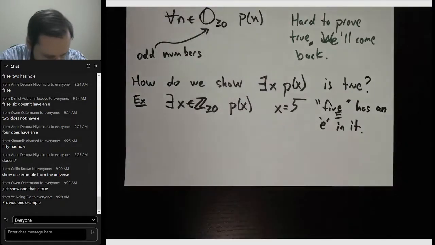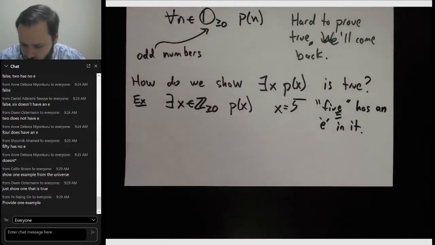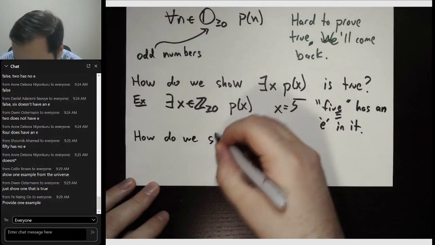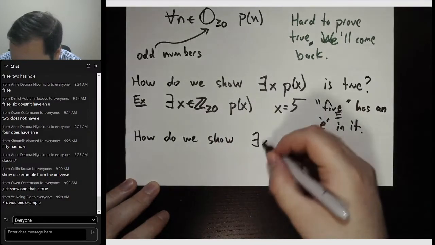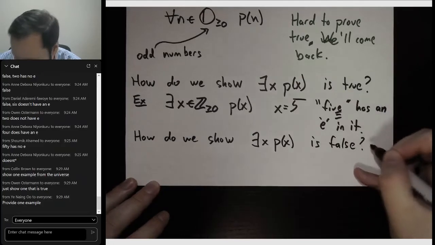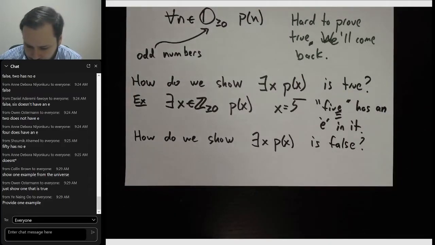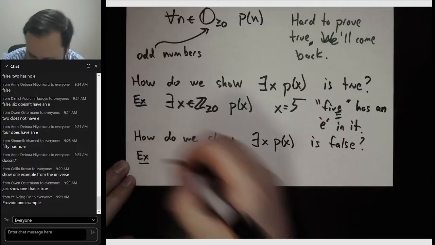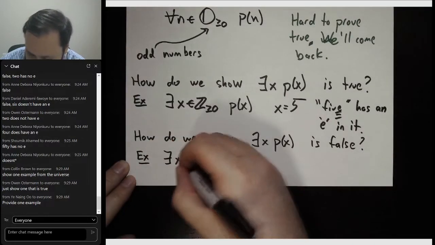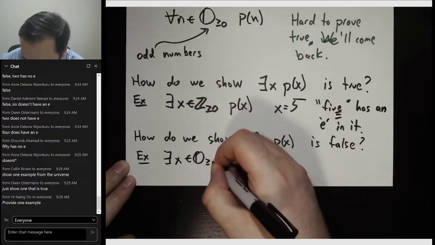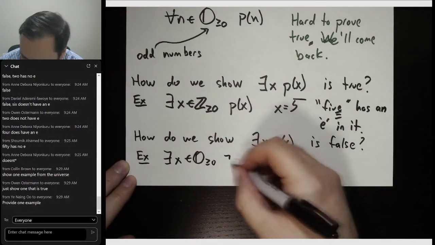Now I think you can all tell where I'm going with this. How do we show there exists an x such that P of x is false? For an example, there exists an x in the positive odd numbers such that not P of x.